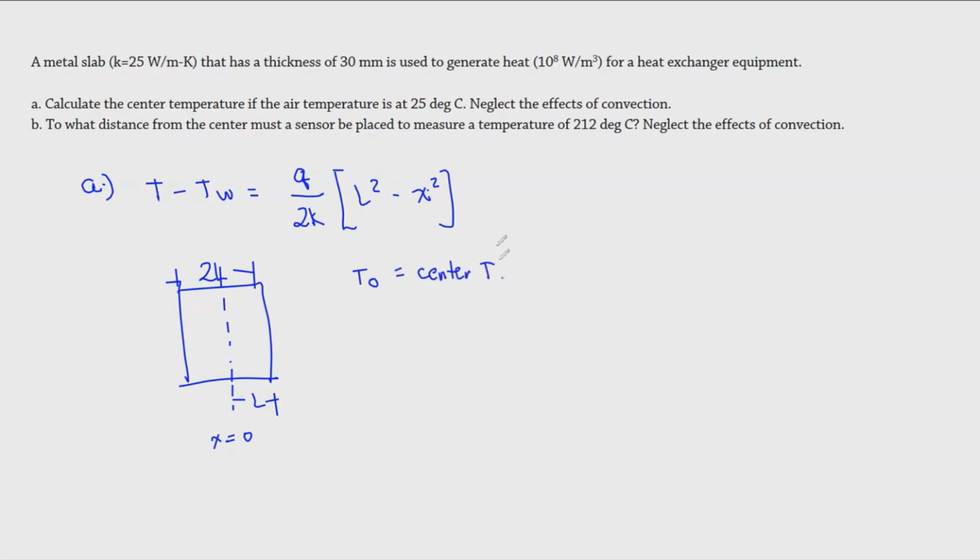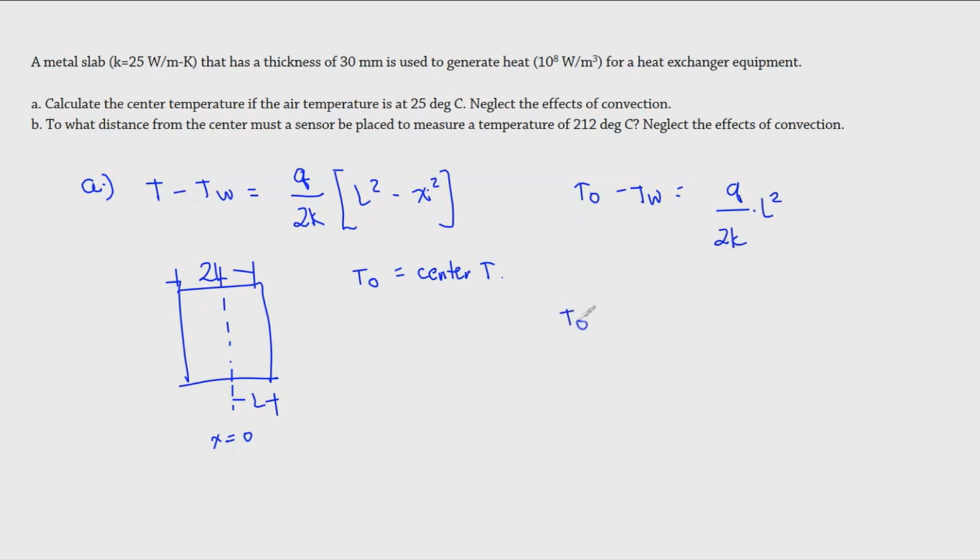So all we have to do is substitute T with TO, and X would be 0 since it is at the center of this slab. Our formula simplifies to TO minus TW equals Q over 2K multiplied with L squared.